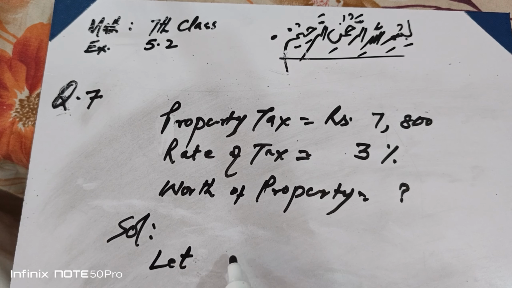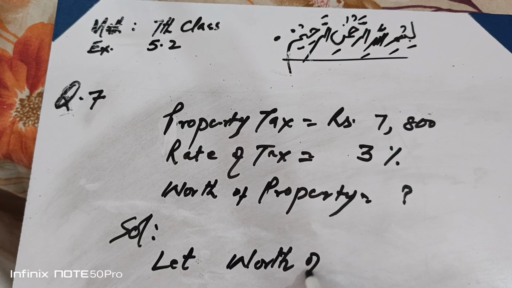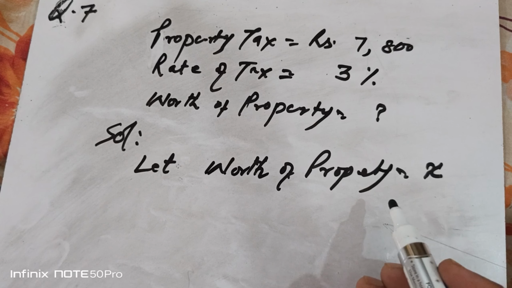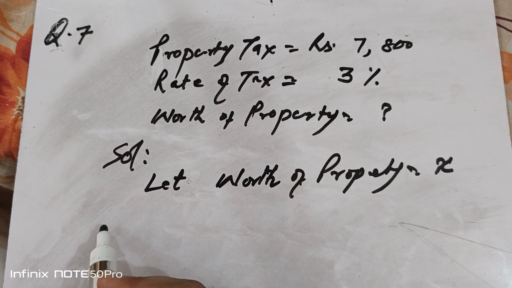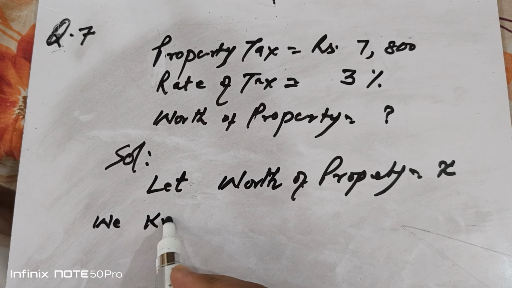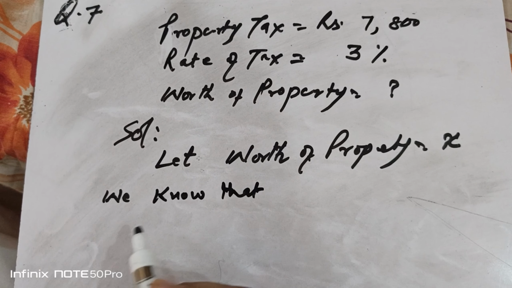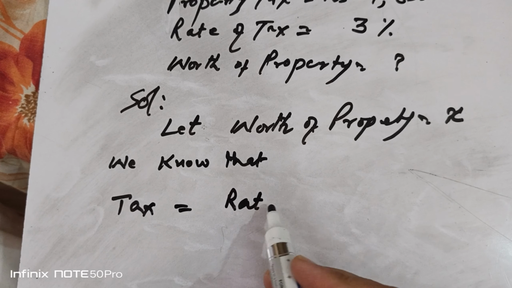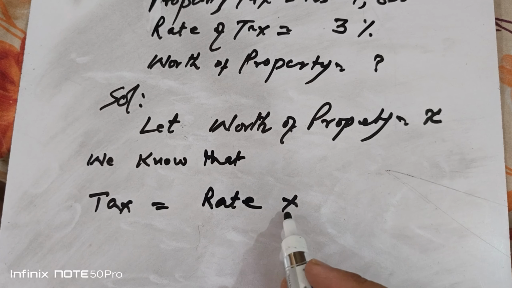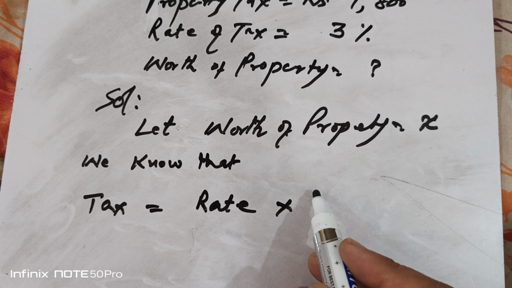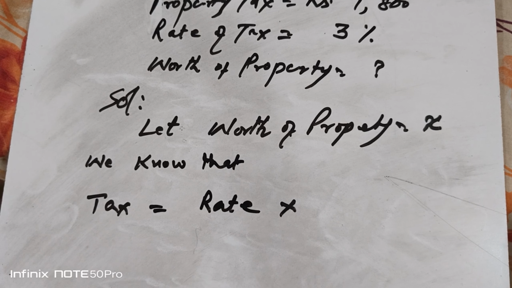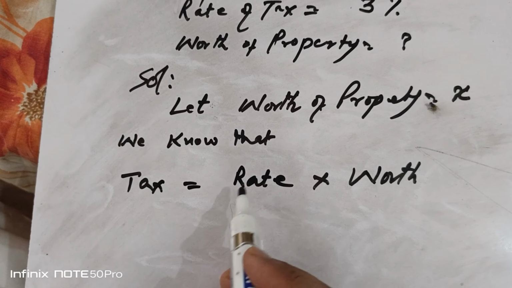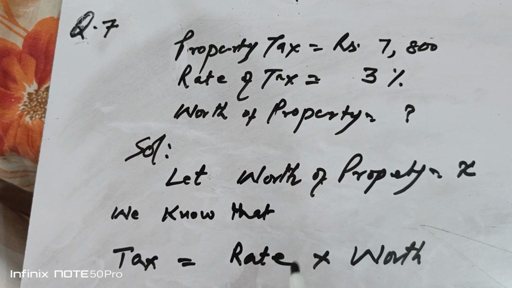let the worth of the property be x, and we know the formula of tax. We know that tax is equal to rate into price or worth, what, rate into worth, and tax is already given here, which is 7,800.